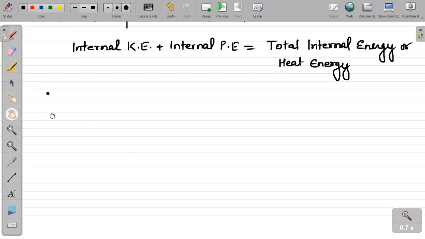Number one, change in temperature. दूसरा, change in state. तीसरा, change in size.